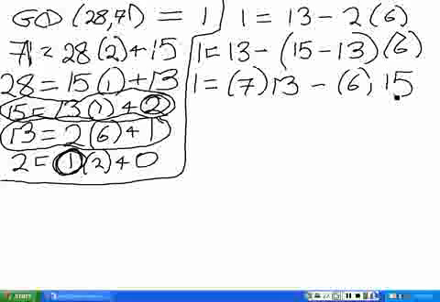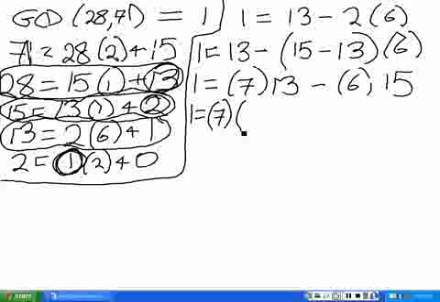Okay, so now I have this line, and I'm going to use that to plug in 13, because I have a nice 13 right here. So I get 1 is equal to 7 times, okay, so for 13 I get 28 minus 15. And this is still the minus 6 times 15.